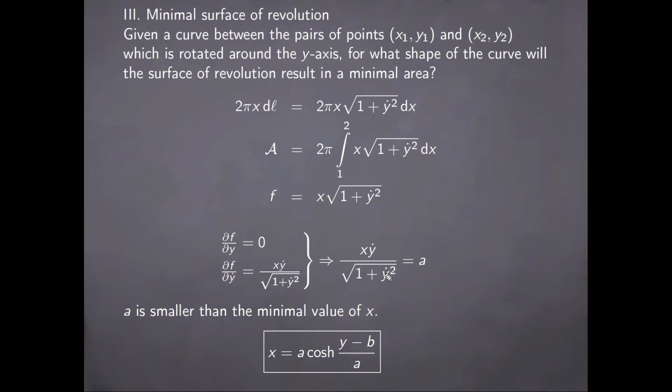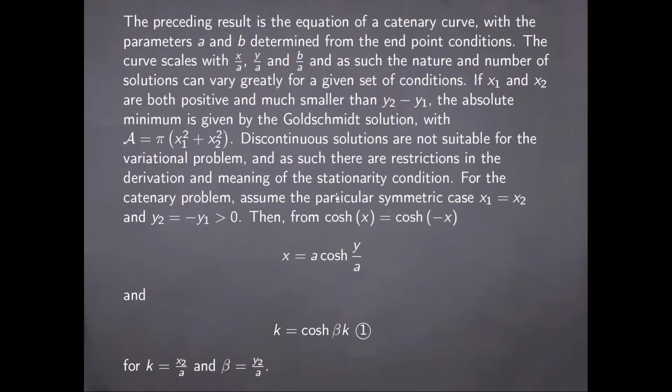And then with this condition we can solve this equation for y dot, integrate it, and then invert it to obtain x as a function of y, and the result is the one given here. It's a very simple calculation which gives x as the hyperbolic cosine of the ratio here involving the integration constants a and b.